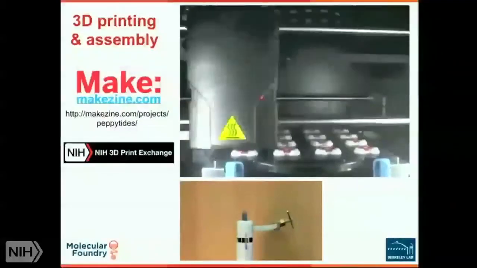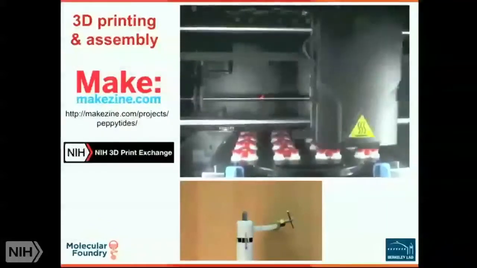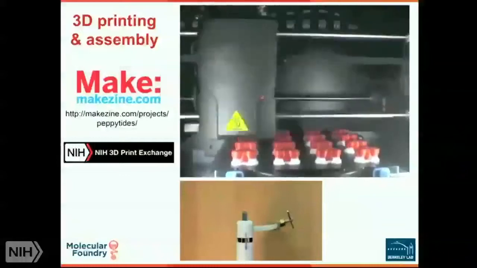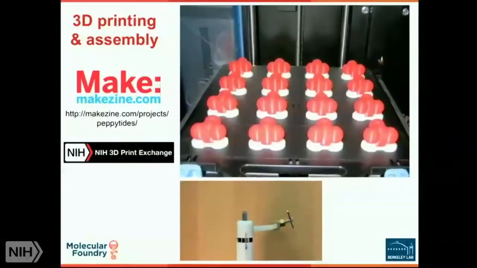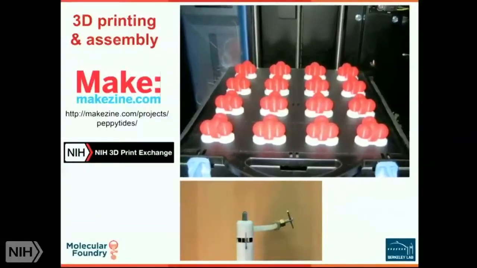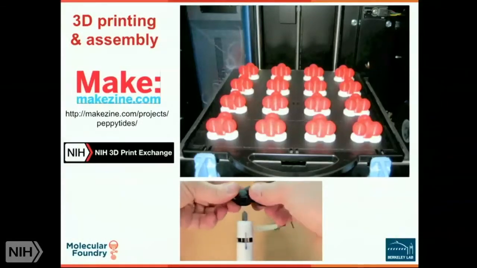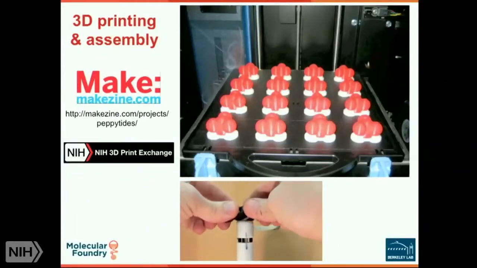So in order to produce these, we use a 3D printer. And we're making 16 amide units here. This is about an 11-hour print, condensed to about 30 seconds. And so these are printed, and then we remove the support material. And then for the amide units, 3D printing is not perfectly precise, so we bore out these holes.